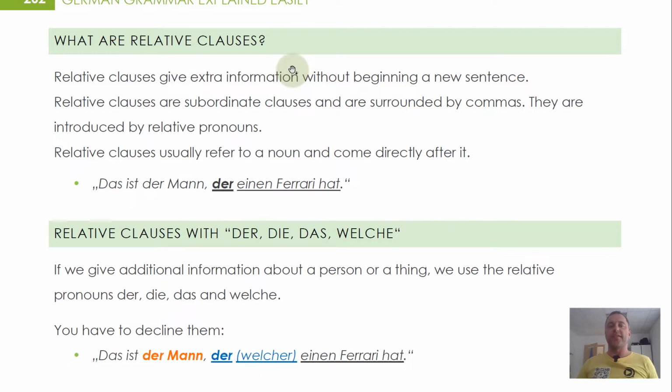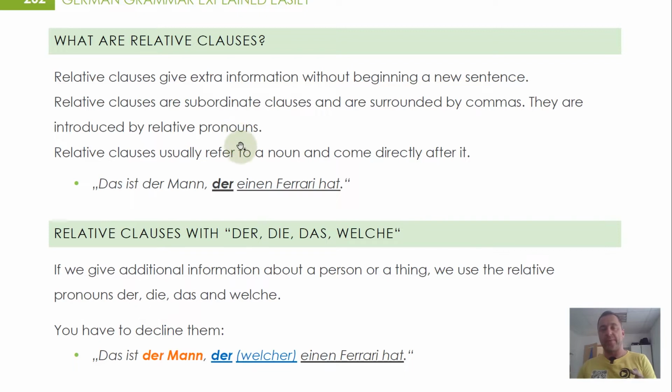Relative clauses always give an extra information without beginning a new sentence. They are, yes, subordinate clauses, so verb to the very end of the clause, and you have to surround them by commas. So you always separate them by commas, and they are introduced by certain relative pronouns.